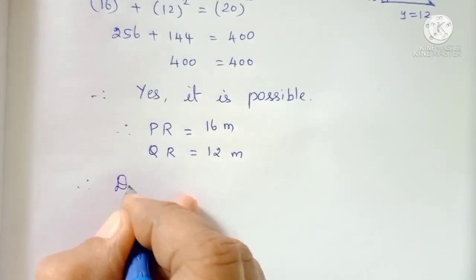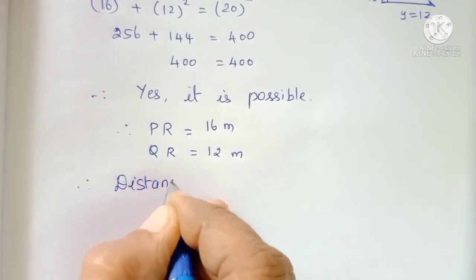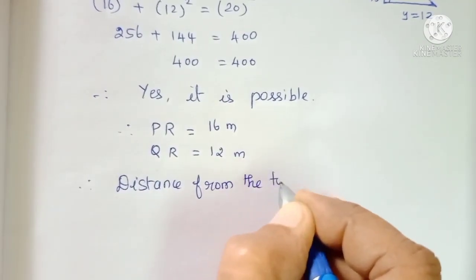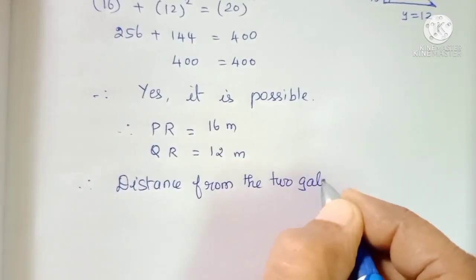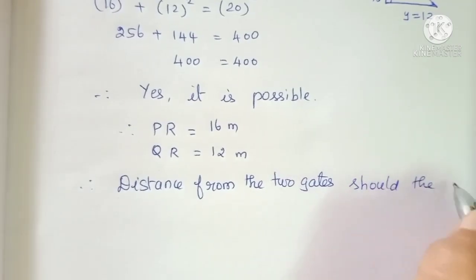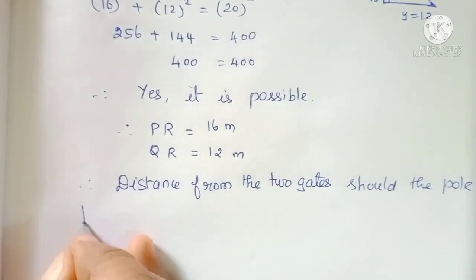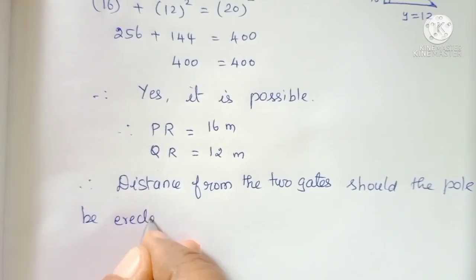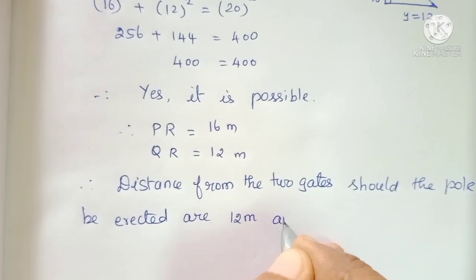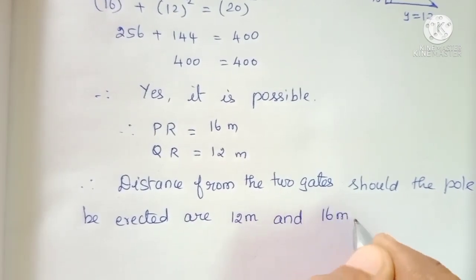Therefore the distances from the two gates, where the pole should be erected, are 12 meter and 16 meter. Okay.